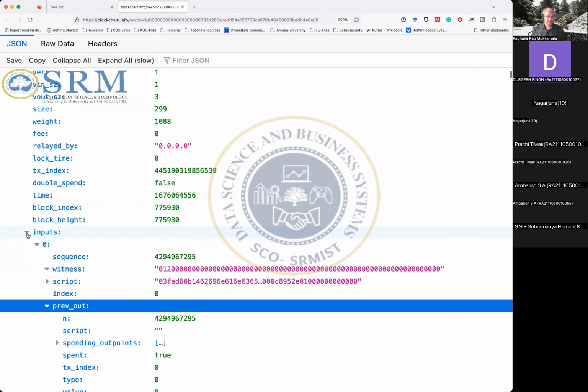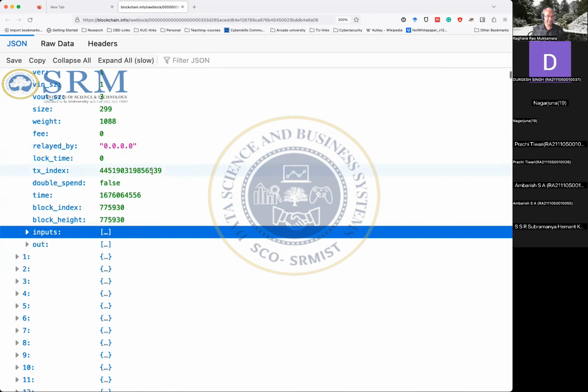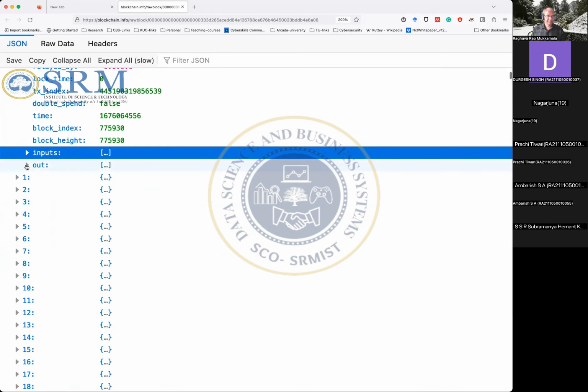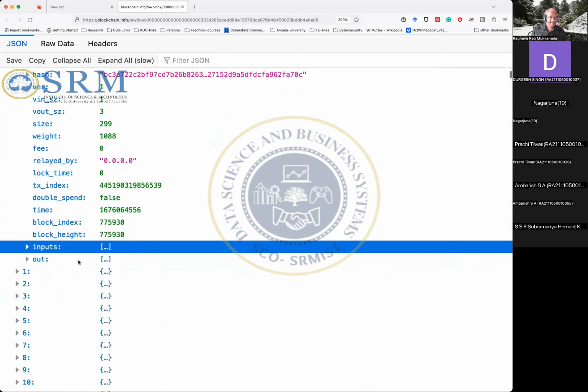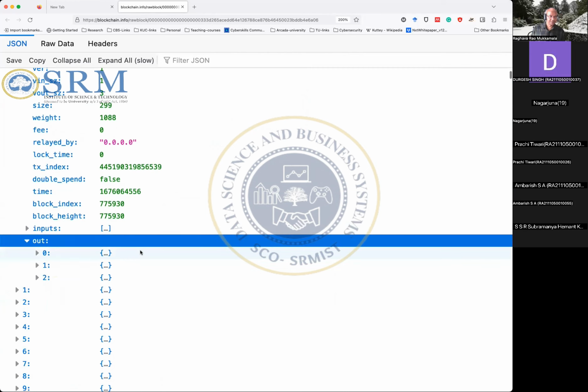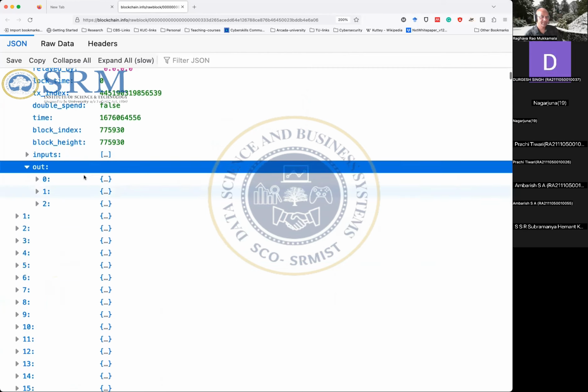We should have three outputs, right? As this indicated, three outputs. So let us see. Let's see output. So you have the three outputs.